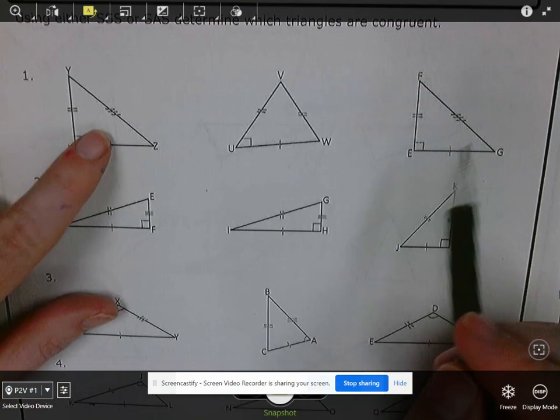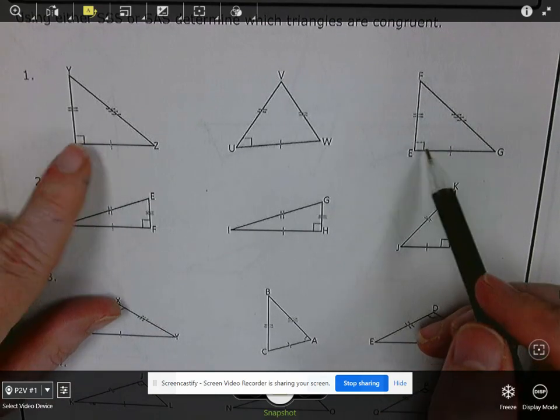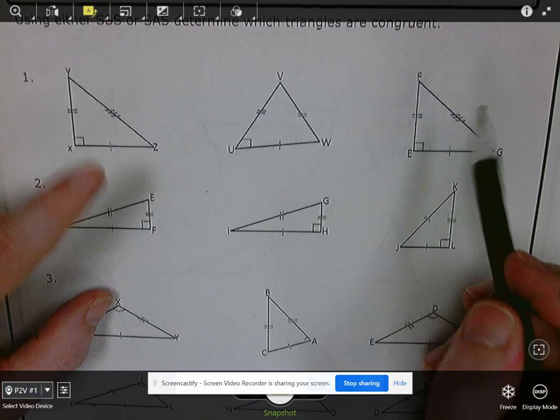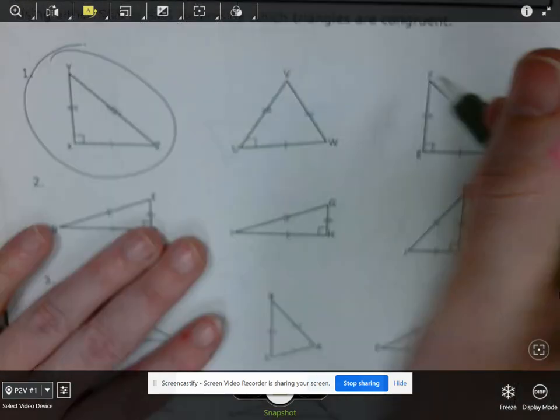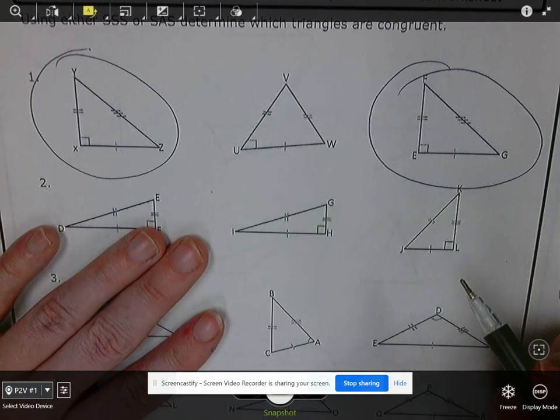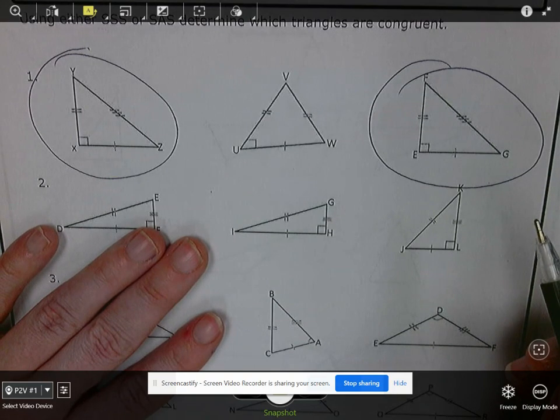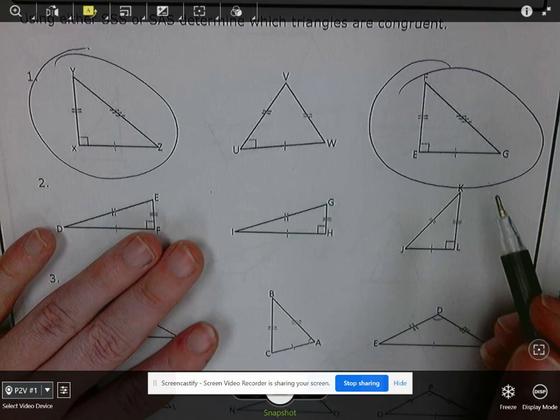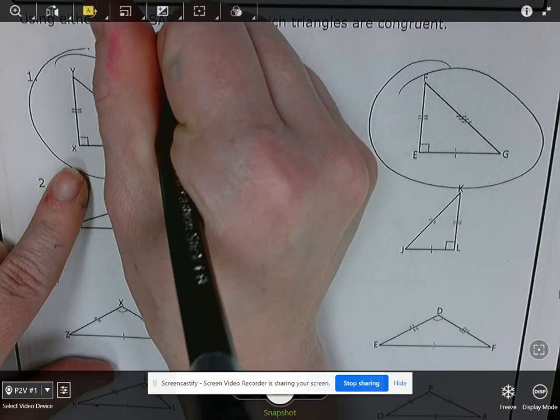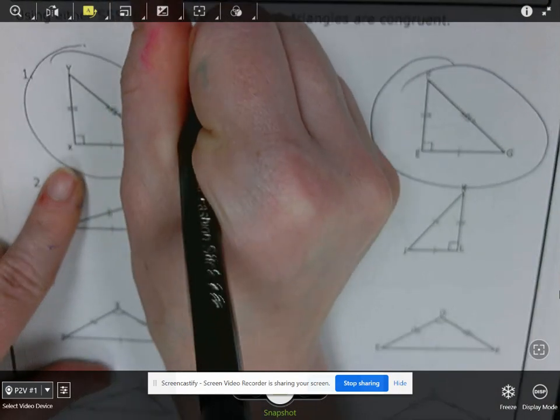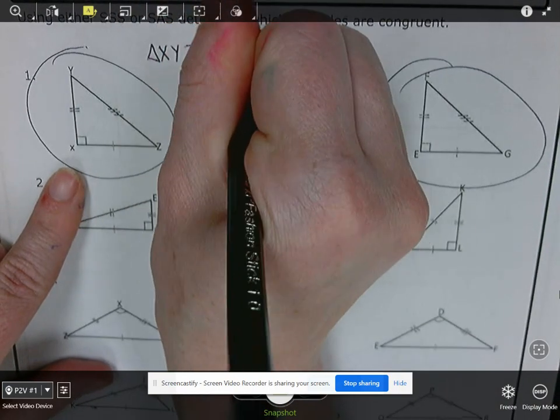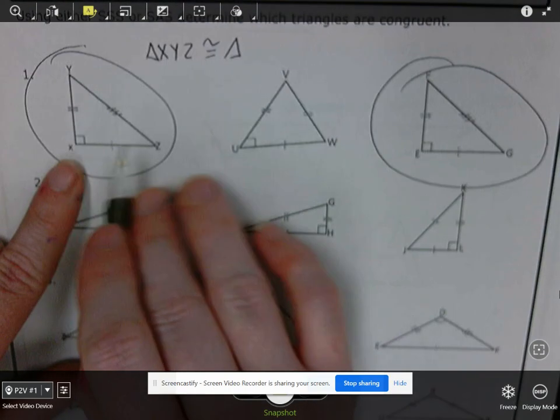So what you need to do is circle the 2 triangles that are congruent. So that would be this one and this one, because you can do it by either side angle side or side side side. Circle these 2 triangles. Then write a congruent statement. Remember, they have to be in the same order. So let's say, for instance, you do triangle XYZ. It's congruent to triangle. Now you have to base it off of the next one.